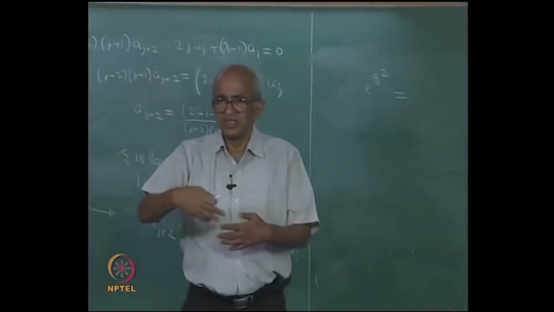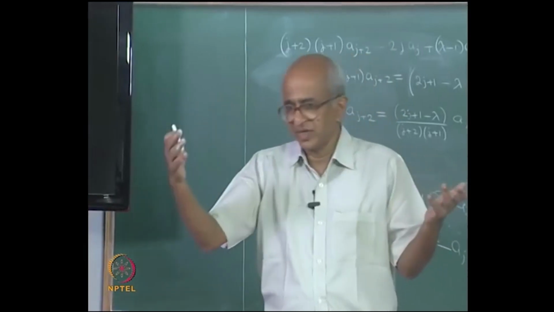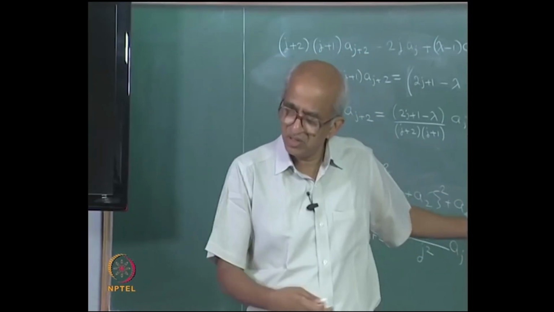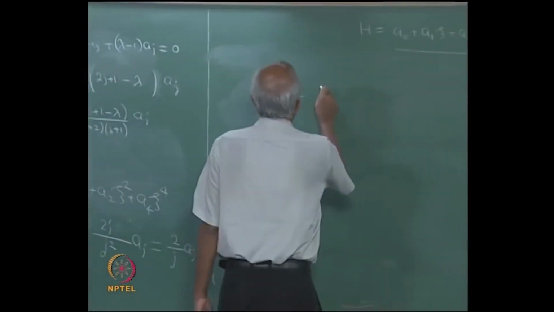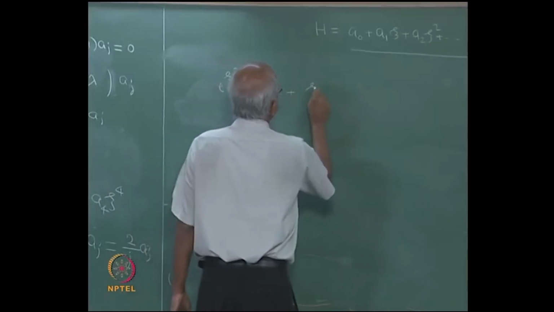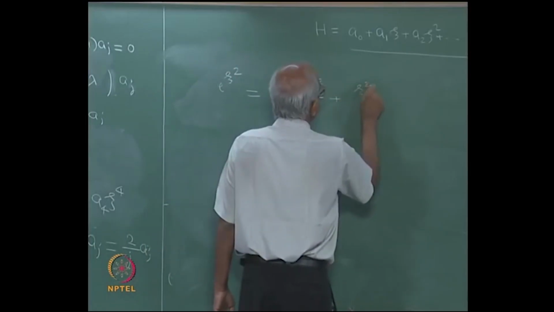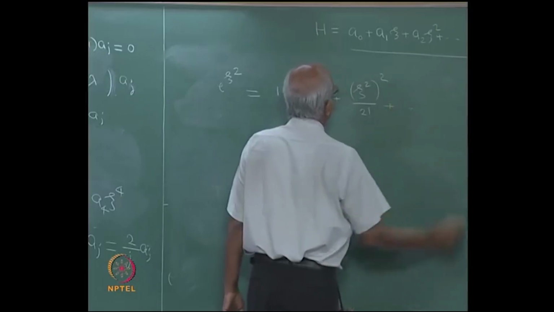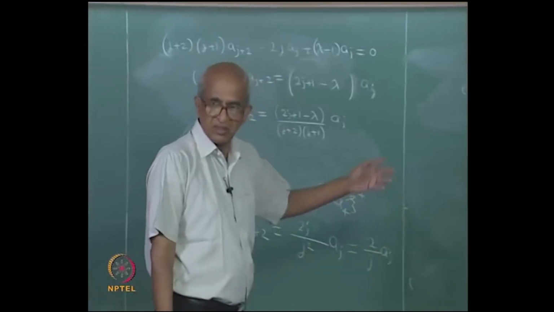you know the power series expansion for e to the power of x. e to the power of x can be written as a power series. So, similarly, e to the power of c square can also be written. So, what will happen is you will get 1 plus c square by 1 factorial plus c square the whole square by 2 factorial plus etc. Right.